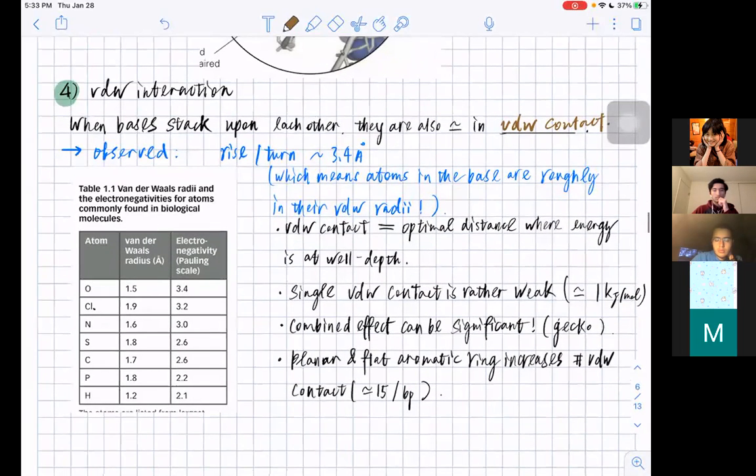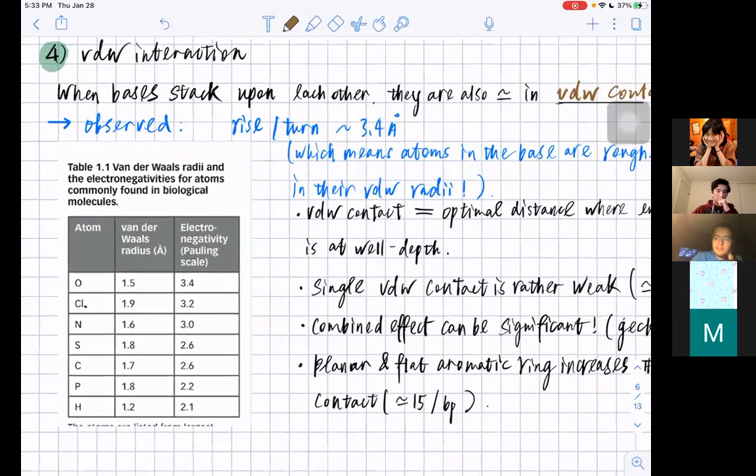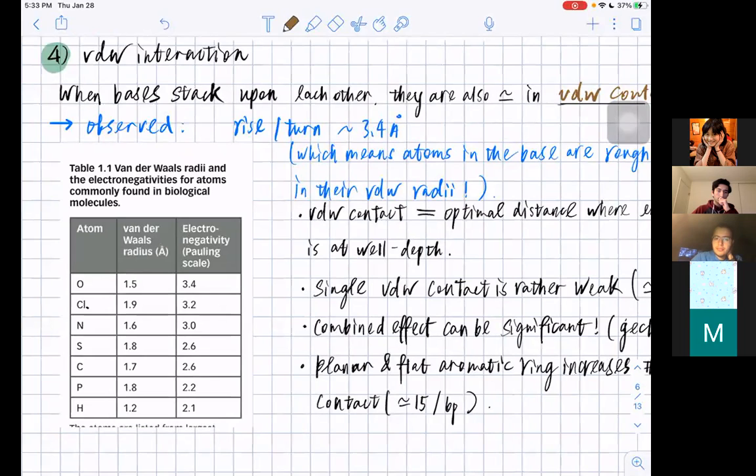If you refer to the van der Waals radii table, you can easily reach that conclusion. Something I want to mention is we know van der Waals interaction is weak, but the combined effect is very significant. If you remember the Geico example from yesterday's tutoring session.